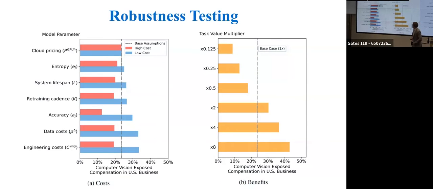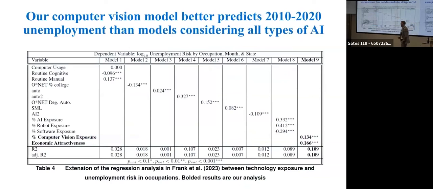Okay. All right. I also want to show you that this actually is usefully predictive. This is some work that Frank et al. did, saying, there are a whole bunch of different measures that people have put together for automation, and asking how well those can predict unemployment risk by occupation, month, and state.